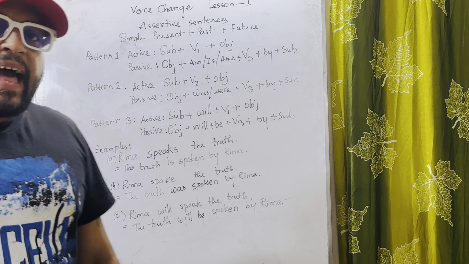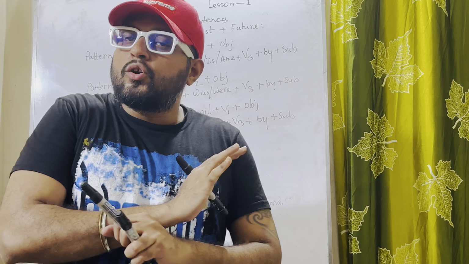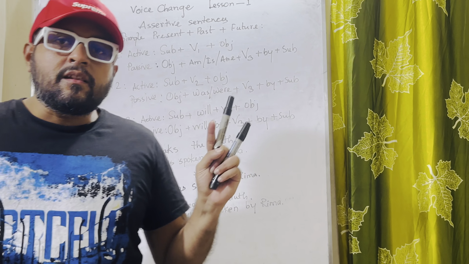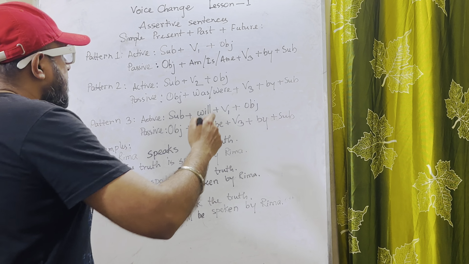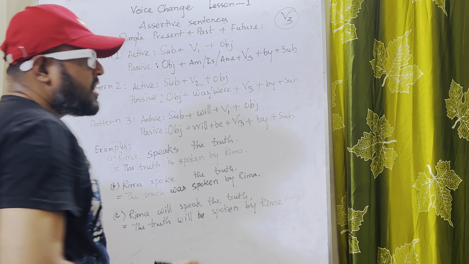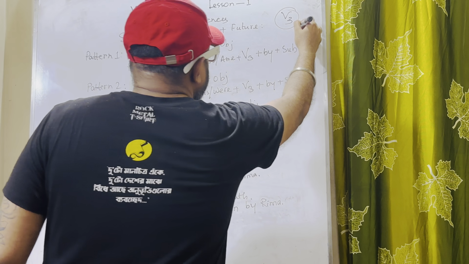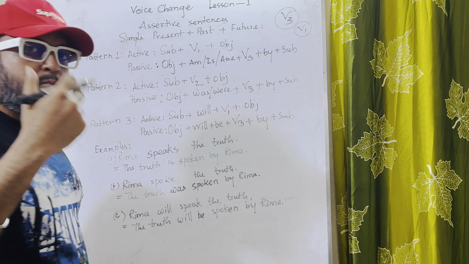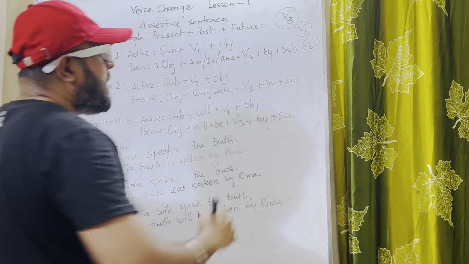Remember one thing, that in passive sentences there are no verb patterns except one, that is the past participle. This past participle is known as V3, and the other two forms are called V1, the present form, and V2, the past form.